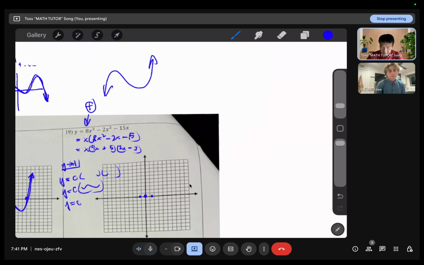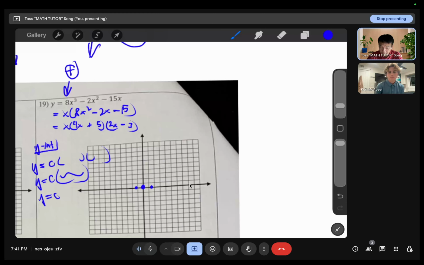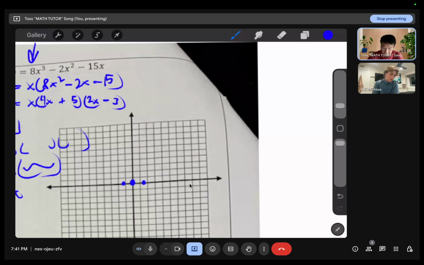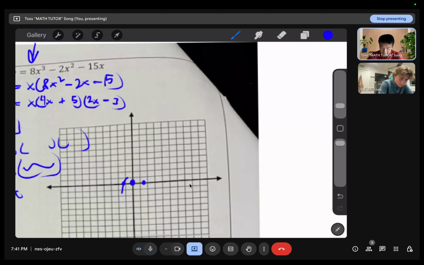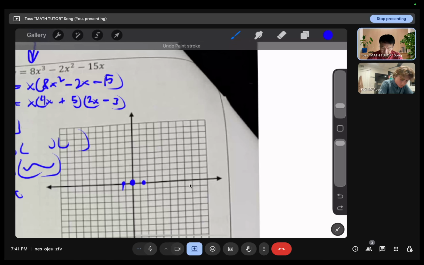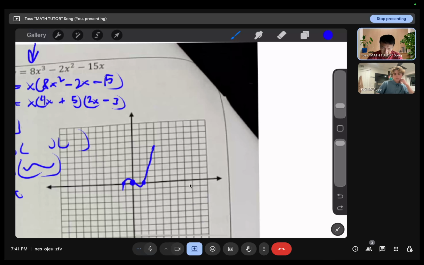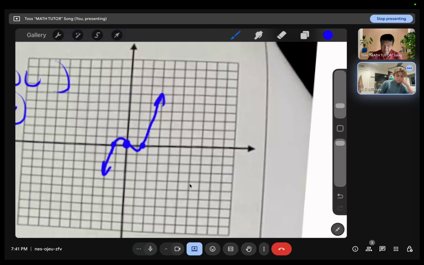I'm going to try to force that. There's no bounce, so we're going to go straight through. There it is. The humps are really minimized a bit, minimal. So something like this. There you go. Good enough.